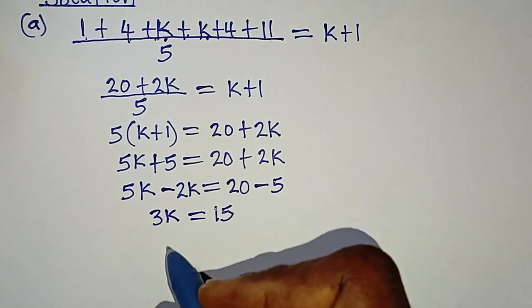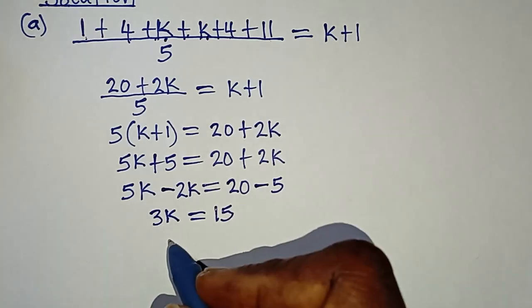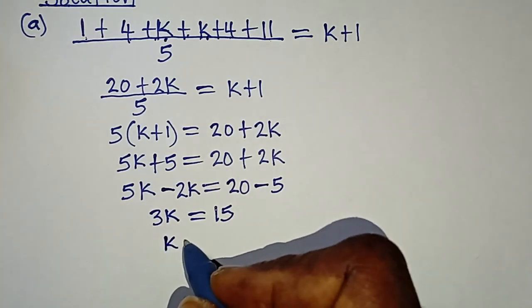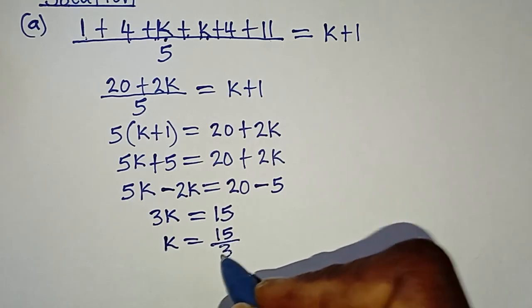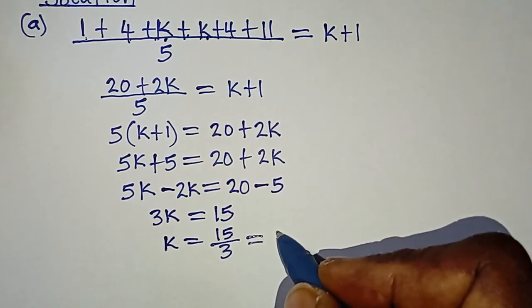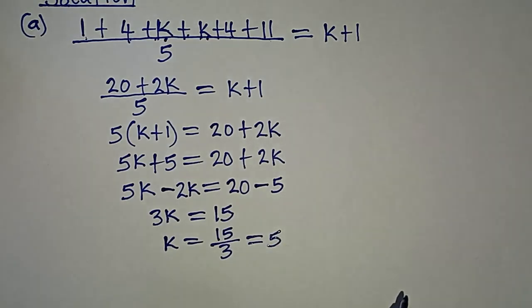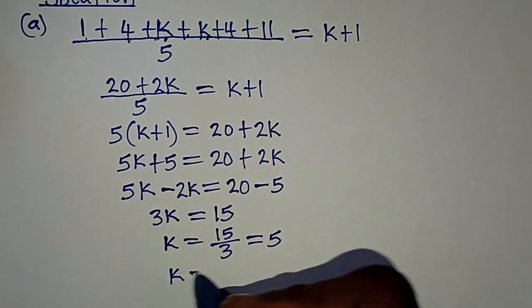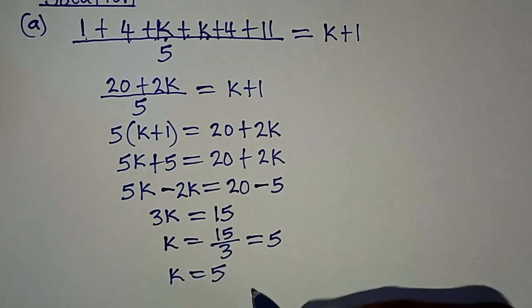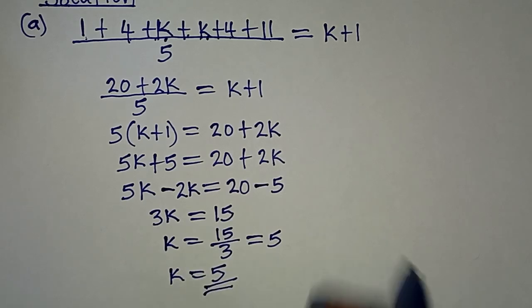So I'm going to divide both sides by 3, and that will give me k is equal to 15 over 3, and that will be equal to 5. So the value of k is 5. I'm going to write k is equal to 5. So that is the solution for k.